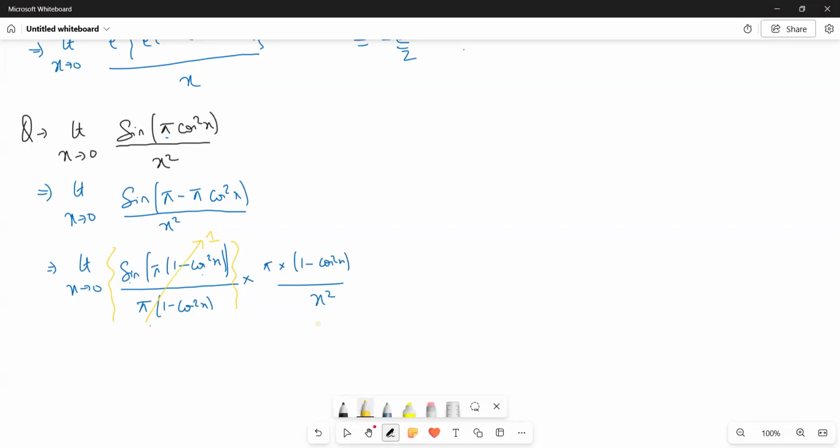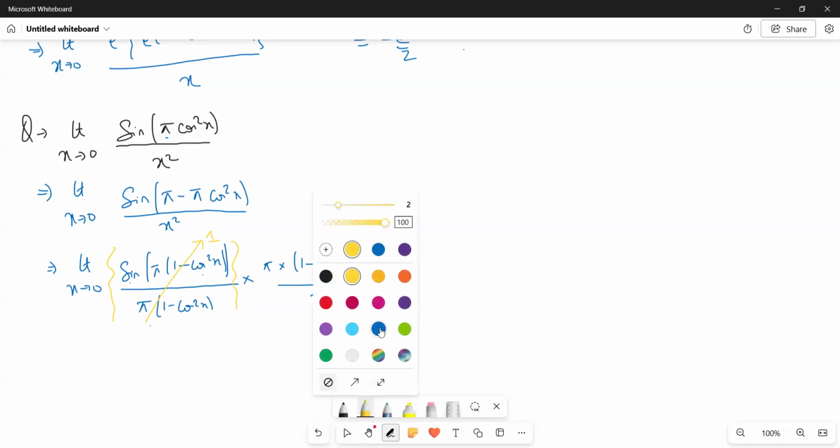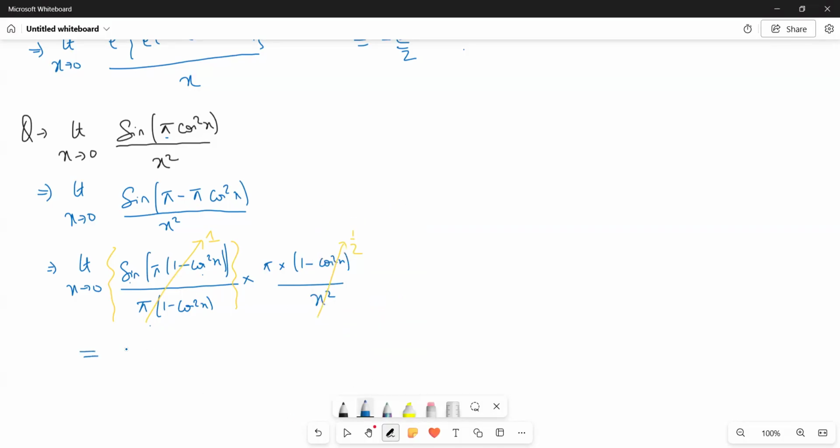And 1 minus cos square x by x square as x tends to 0, ये हो जाएगा half. So the answer of the limit is pi by 2.